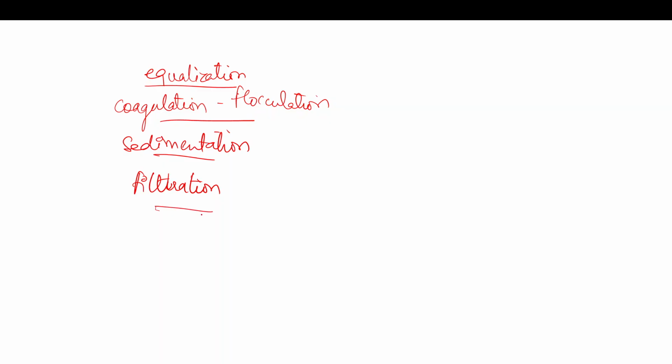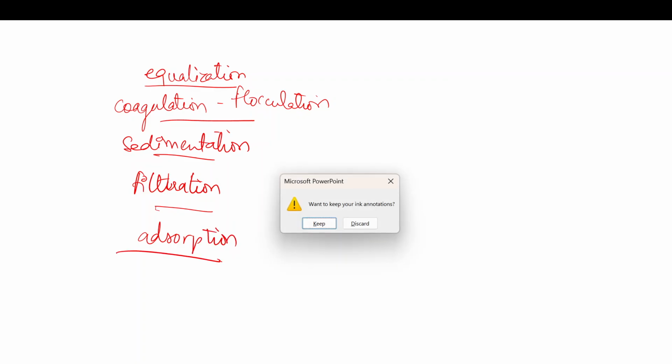Yes, and I'm not forgetting anything. Now, we will be looking into the adsorption process from this point.